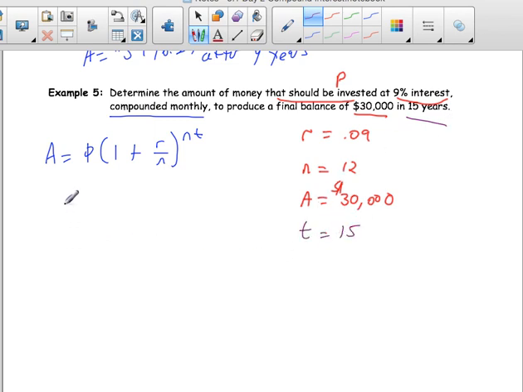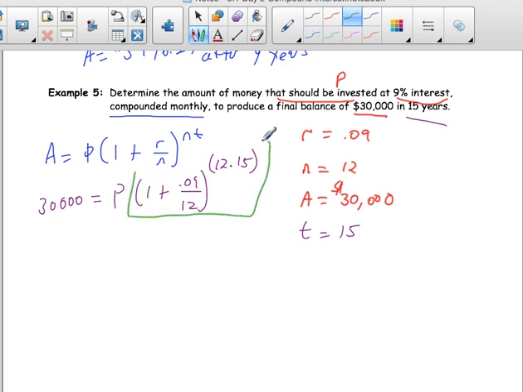Let's substitute these things into our formula. So we've got 30,000 is equal to P, that's what we want to solve for, times 1 plus R, which is 0.09 over 12, raised to the N, 12 times T, which is 15. This looks a little bit complicated, but all of this part is just a number.